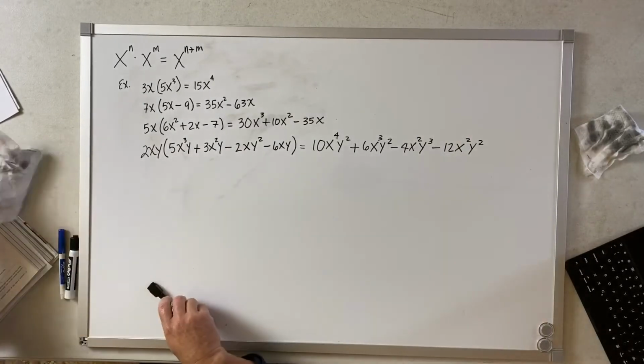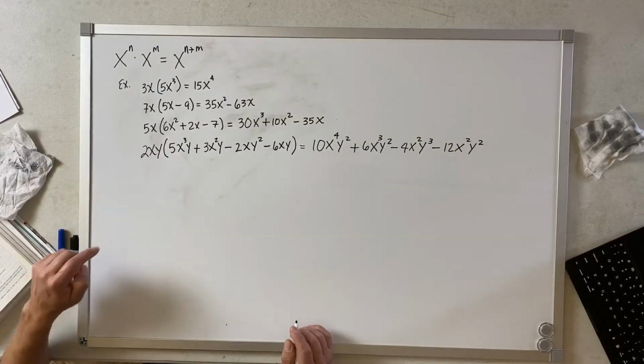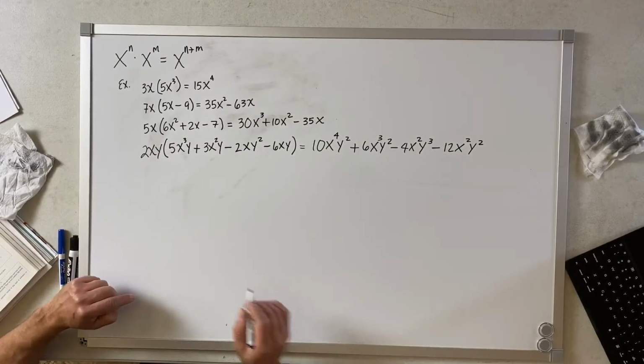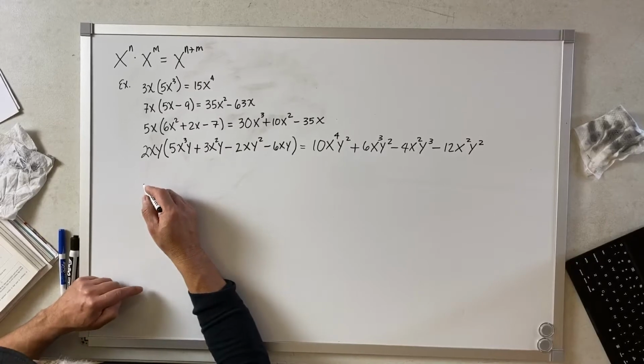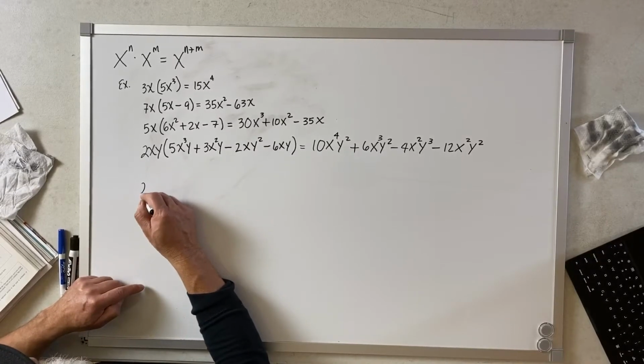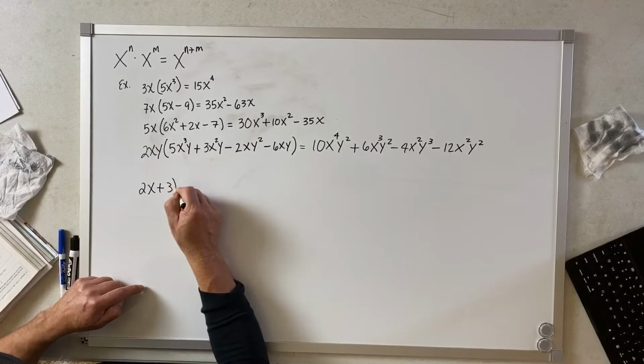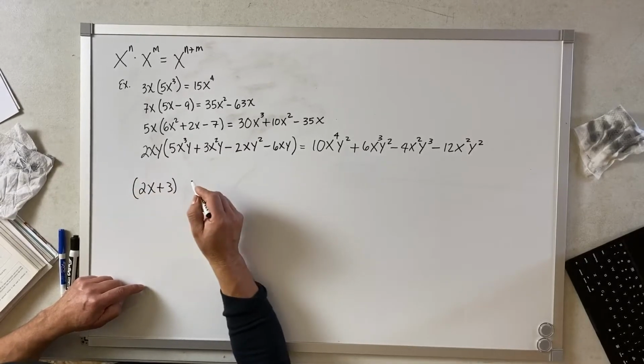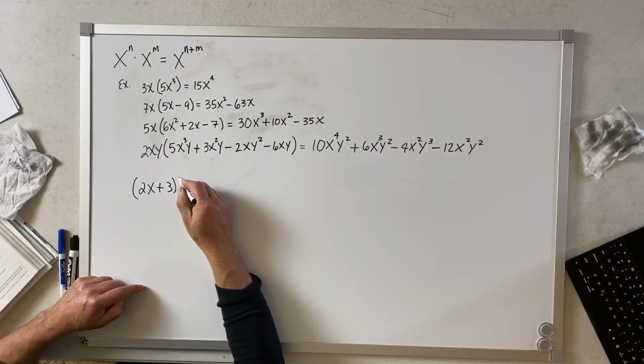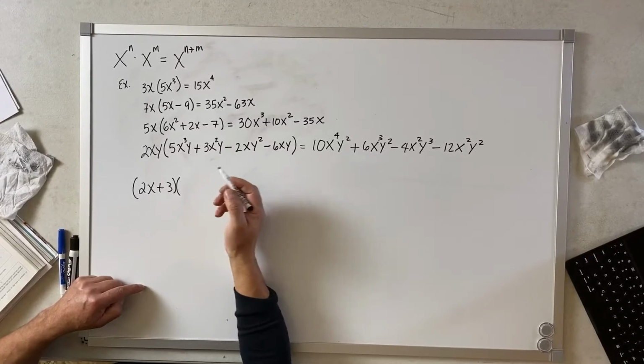Well, let me write at the bottom. Multiply a binomial times any polynomial. Here we go, a binomial, 2x plus 3. Let's multiply this times a trinomial, for example.